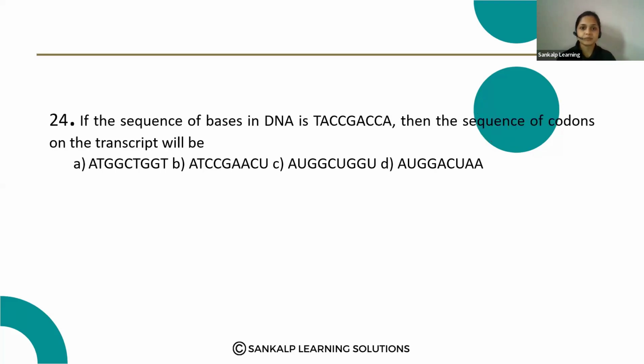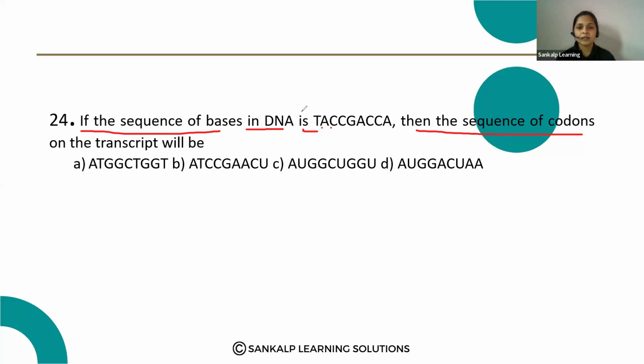Next question. If the sequence of bases in DNA is TAA, CCGA, CCA, then the sequence of codons on the transcript will be what? Codons on the transcript means in the mRNA.